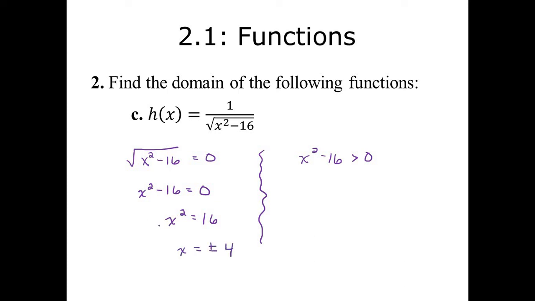Whenever you introduce a square root like this to an equation, you always have to account for the positive and negative root, because yes, it's true that 4 squared is 16, but also negative 4 squared is 16. So here's our first restriction.